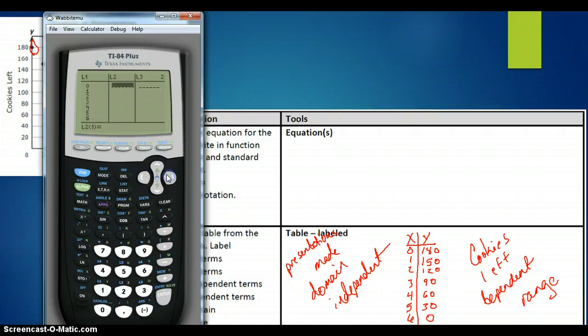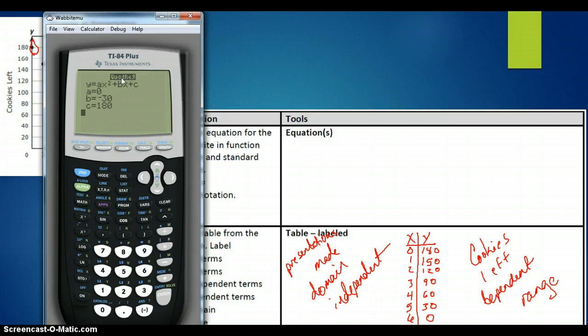And then let's go to the Y. We start at 180 and we count down by 30s. Let's make sure everything matches up. I think I've got it. Stat, calc, 5.